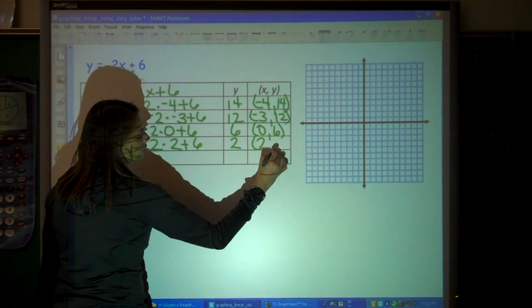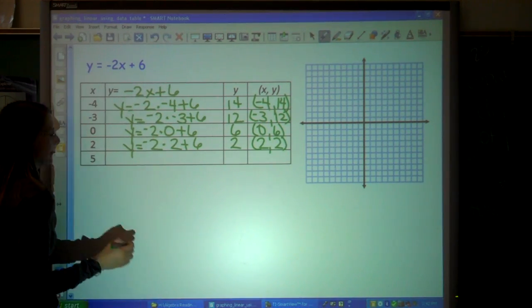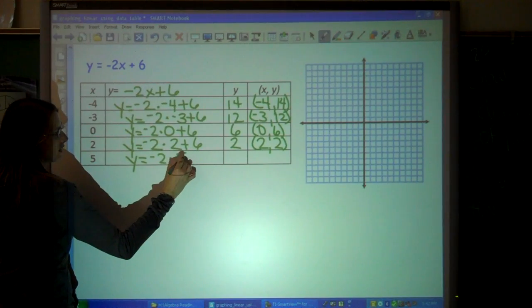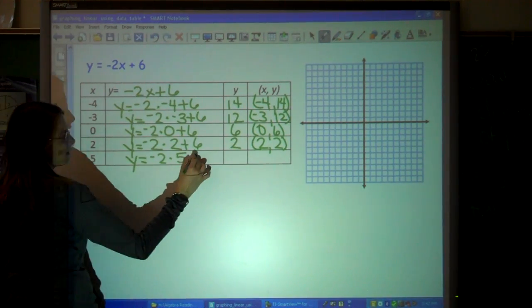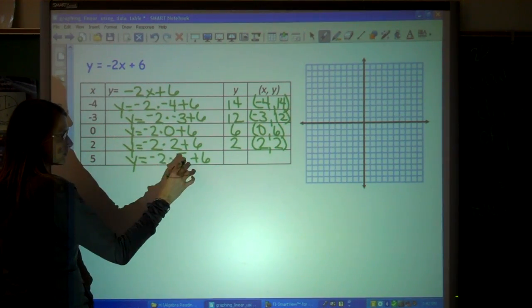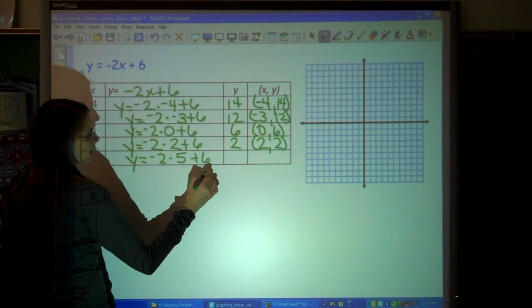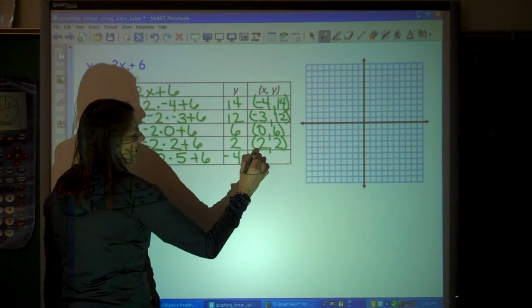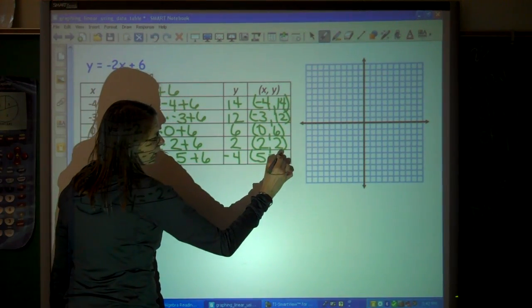So when x is 2, y is 2. And the last one, y equals negative 2 times x, x is 5 this time, plus 6. Negative 2 times 5 is negative 10, plus 6 is negative 4. So when x is 5, y is negative 4.